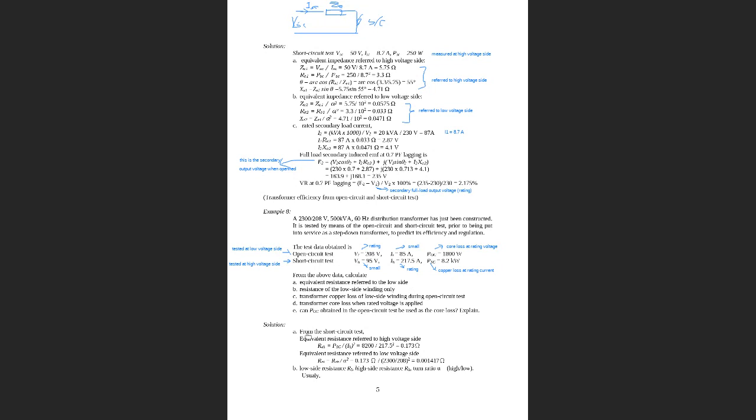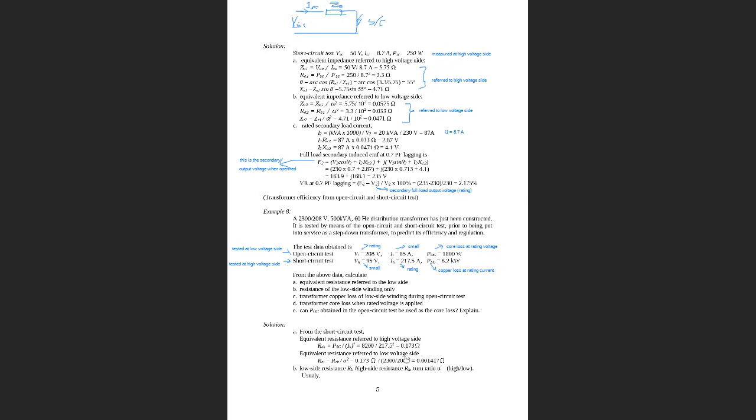So from the short circuit test, the equivalent resistance referred to the higher side is the power measured at the higher side divided by the square of the higher side input current, that's the rating current. The power is given as 8.2 kilowatt over the current, given as 217.5 amperes squared. You get the resistance, but this resistance is referred to the higher side.